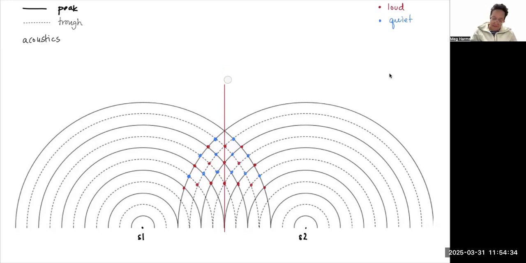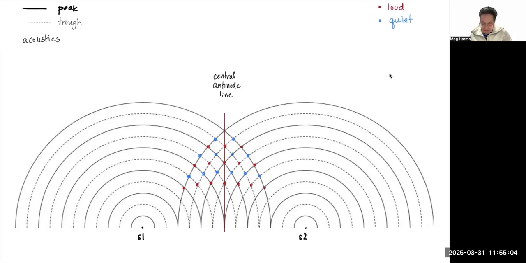Now, we can call this a couple different things, but one of the things we'll call it is the central antinode line. Remember when we talked about waves, we said the antinodes are like the highs and lows, right? So this is called the central antinode line because it is a really high, loud place. And basically anywhere you are along that line, it's going to be loud.